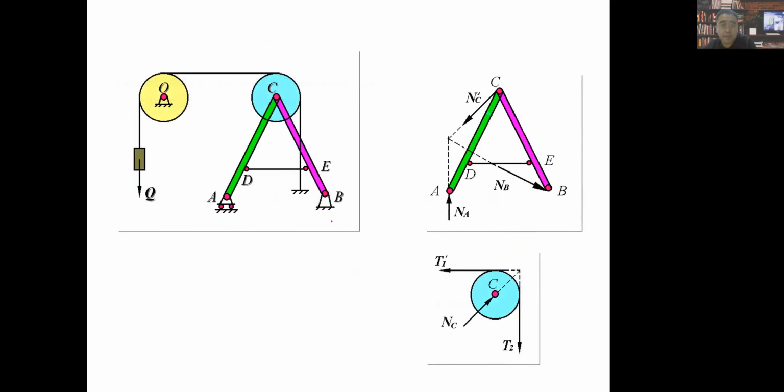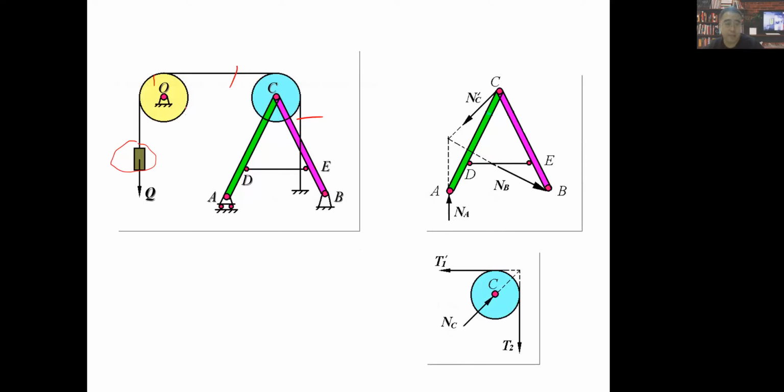So this time we select this one, just from 1 to this time we analyze this. So once again, we imagine we pull this one out of here and remove all the constraints and replace them by constraint forces, reaction forces. So if we try to push this trolley wheel out of the system, we should cut the rope here, and remove the constraint here, right?